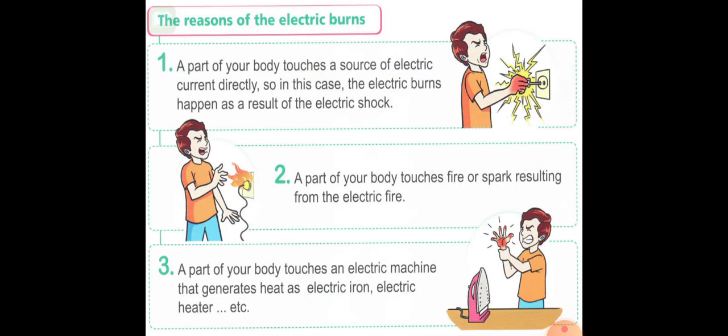Number 2, if a part of your body touches fire or spark resulting from the electric fire, of course it will cause an electric burn. Number 3, if a part of your body touches an electric machine that generates heat, such as an electric iron or electric heater, it may also cause an electric burn.